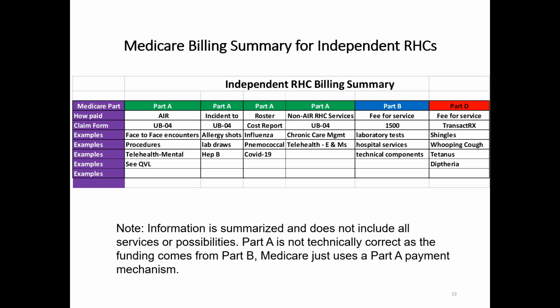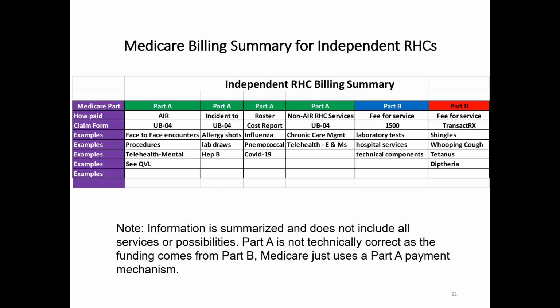Some of the things that are Incident 2 are allergy shots, lab draws, or Hep B. You're not going to get paid any more money from Medicare on Incident 2, but it will increase your copays and your deductibles from your patients if a deductible applies to that service. So that's Incident 2. There's not a very good system to deal with Incident 2. Let me just tell you, all the options are terrible and confusing and hard.